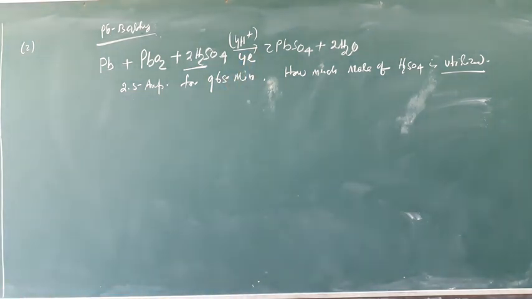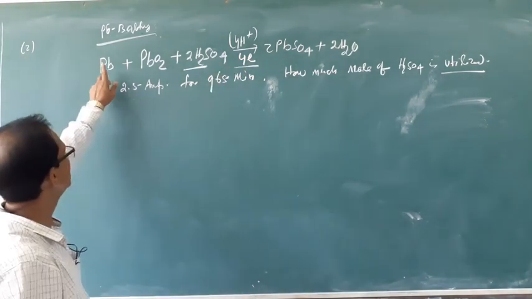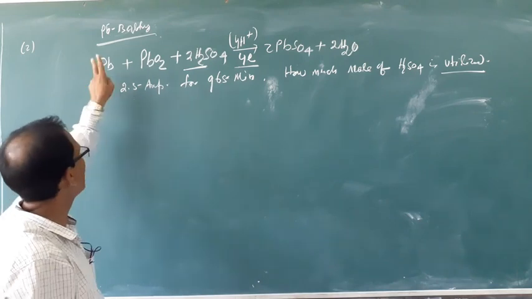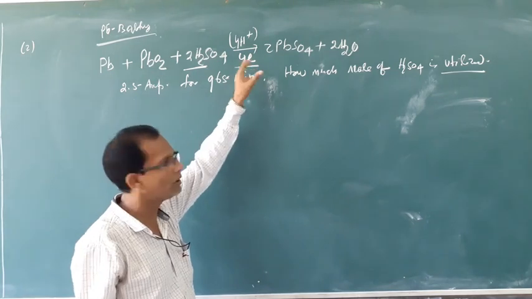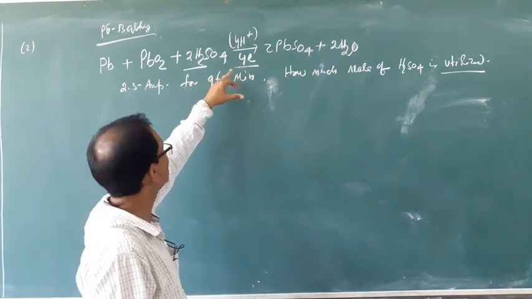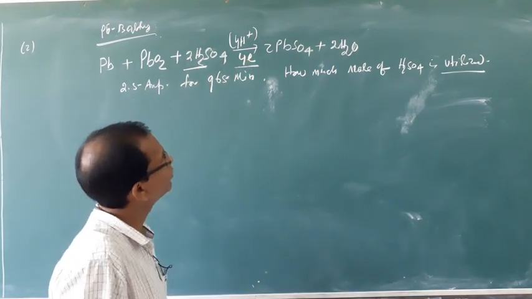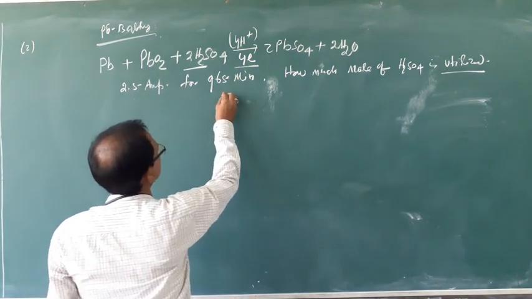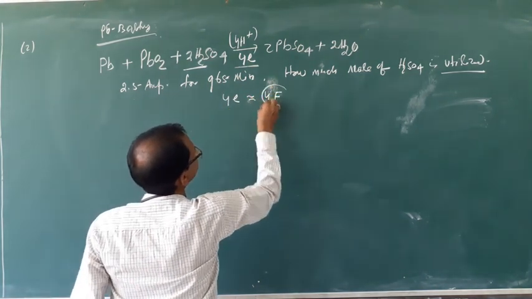For balancing the oxidation reduction reaction, 4 moles of electrons are needed for each mole of Pb and each mole of PbO2. That 4 mole electron is equal to 4 Faraday.